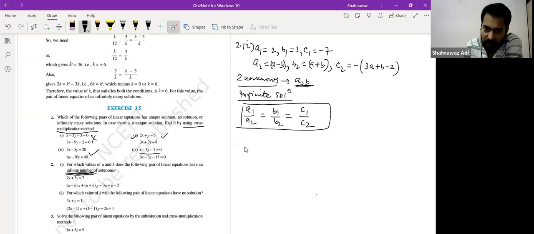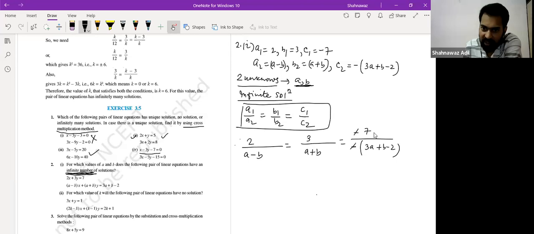We have 2 by a minus b, which is a1 by a2, 3 by a plus b, which is b1 by b2. Sorry, I made a mistake. Minus 7 by 3a plus b minus 2. So this cancels.